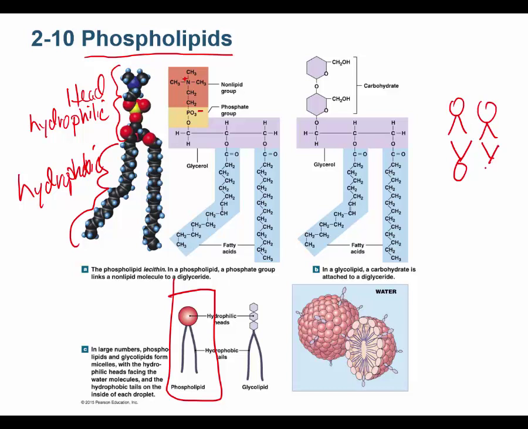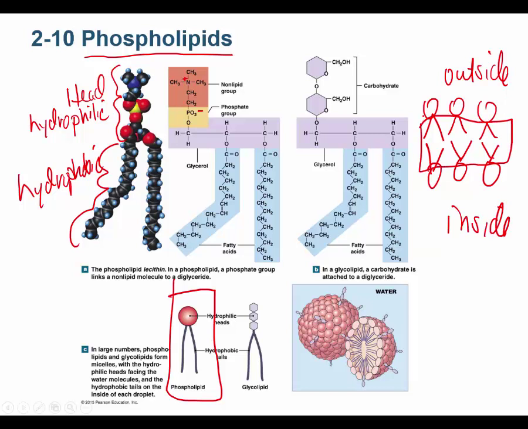A phospholipid bilayer, where the hydrophilic heads are outside the cell and the hydrophilic heads of the other layer are inside the cell, and my hydrophobic tails are miscible with each other. This is how I make plasma membranes using phospholipids.